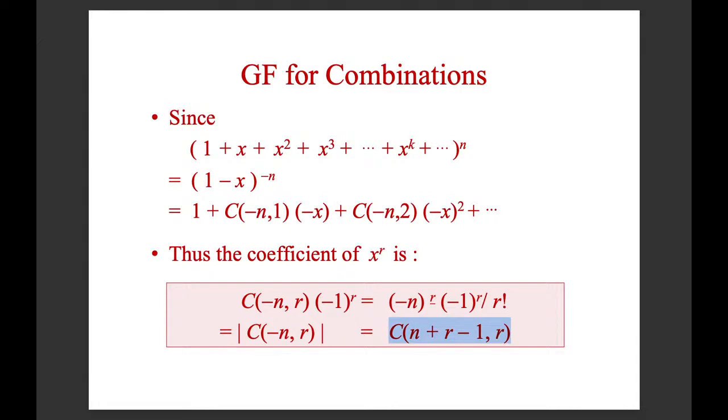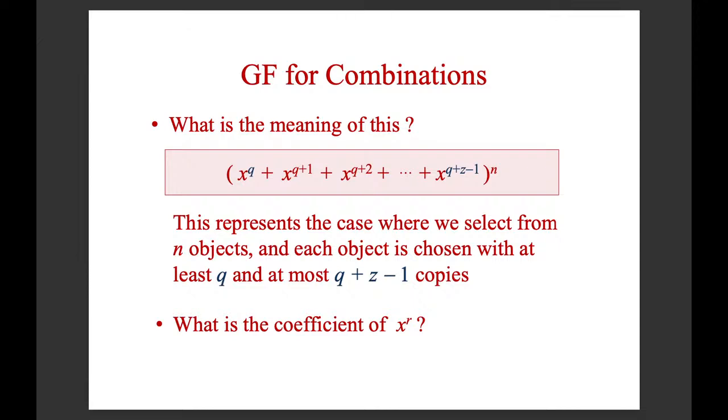So we have solved exactly the same problem before. This is like we have r balls, we have n minus 1 sticks, and then counting the number of permutations of them. So it will be r balls plus n minus 1 sticks, and then I choose the r positions to put the balls. So it is exactly n plus r minus 1 choose r. Okay. And then we have another example.